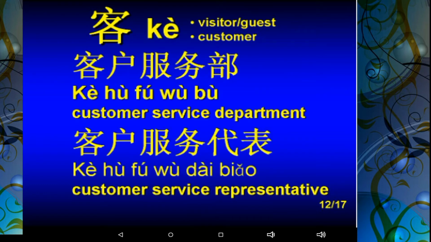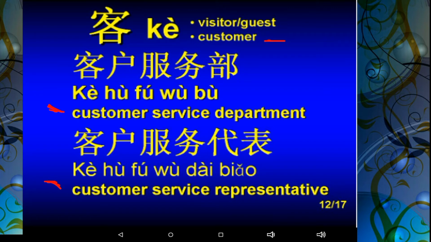Now let's get on to something that I know you will be using. You will be seeing these two sentences. You will be using these two departments when you do business in China. The first character means visitor, guest, but it also means customer.